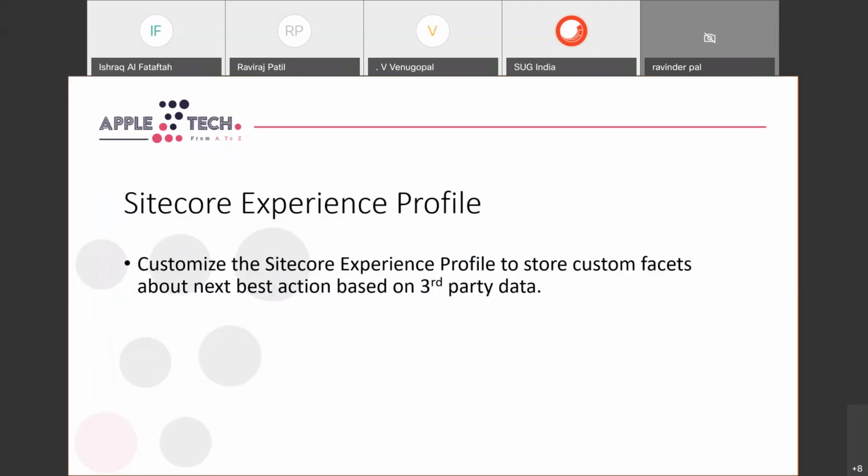Second one was we wanted to make sure that we're still building these personalization rules or tactics based on data coming from a third-party system. And again, you can try and do that using a real-time kind of approach, right?